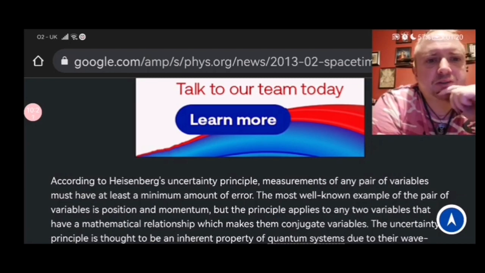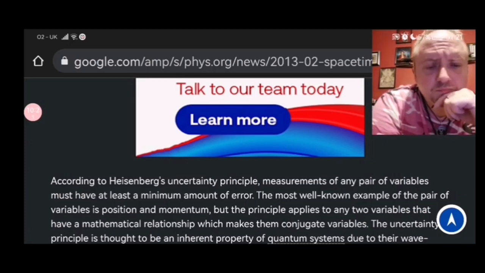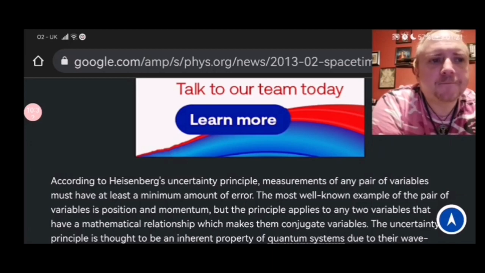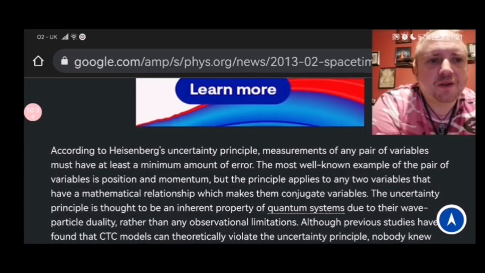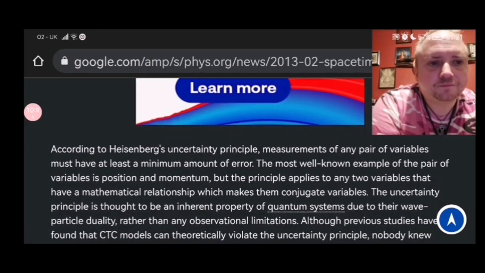According to Heisenberg's uncertainty principle, measurements of any pair of variables must have at least a minimum amount of error. The most well-known example of a pair of variables is position and momentum. But the principle applies to any two variables that have a mathematical relationship which makes them conjugate variables.